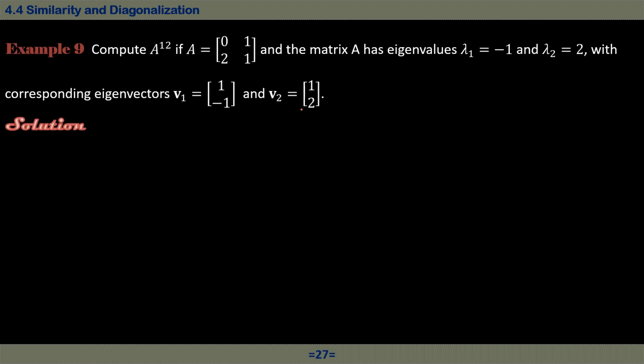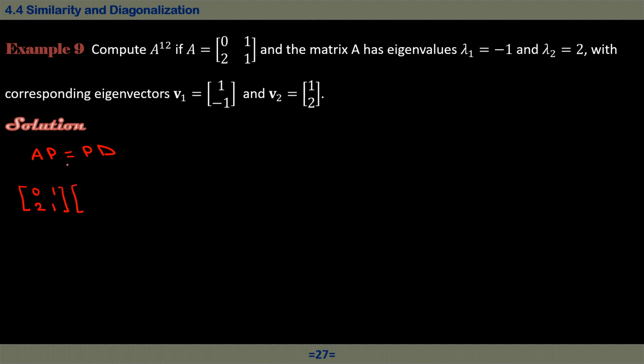Okay. So to do this one, since these eigenvalues are distinct, right? It means it is diagonalizable. So which means that here I can just write it as A times P equals P times D, right? Here we have A that is 0, 1, 2, 1, right?